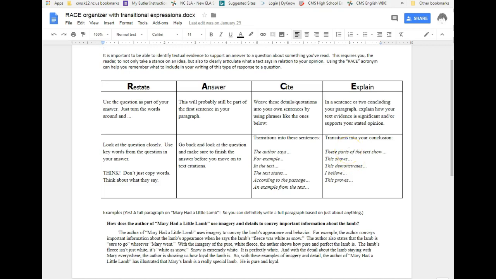These parts of the text show. This proves. All right, so RACE. Restate the question as part of your answer, answer the question, cite text evidence, explain your text evidence. This is that analysis part that is so important. You can't even get a 1 without having some analysis.